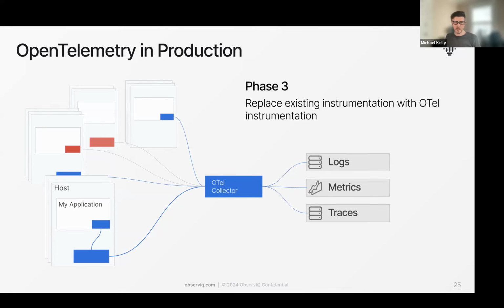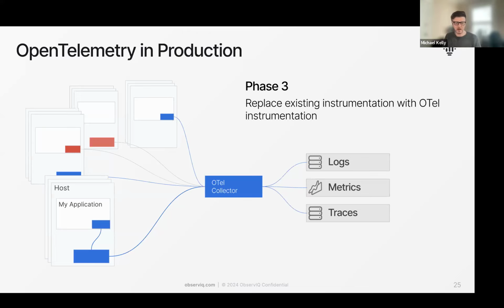And then the last phase is to really replace what you have in your environments with OpenTelemetry instrumentation. And in most cases, you can do that throughout the company, throughout the infrastructure. We also realize that in some cases, it may not be worth it. You may have legacy applications and no one wants to open up that code base.